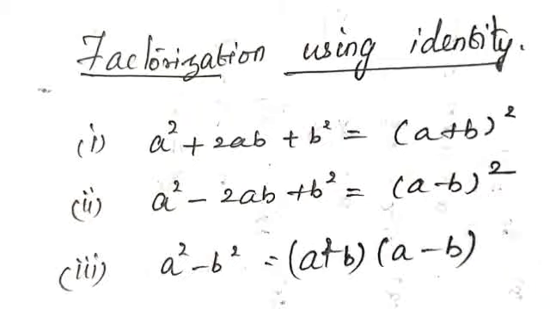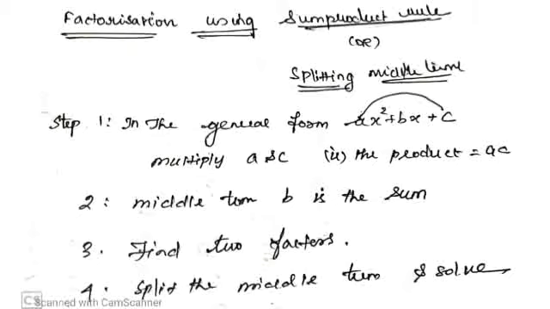Then what is the second method I have given here? Factorization using the sum product rule, and this also you have already studied. Another name for the sum product rule is splitting the middle term, right? We want to split the middle term to find the factors, to change into linear factors. From that we can find the factors of the quadratic equation.